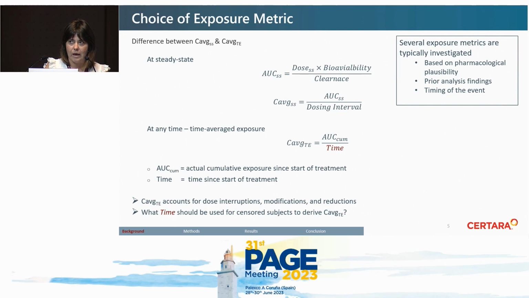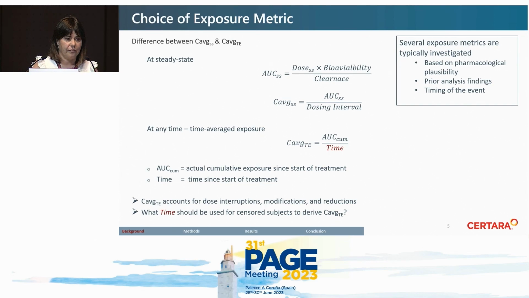On this slide, I want to highlight in particular the difference between time average concentration and average concentration at steady state. And maybe, again, that is not something that's new to this particular audience, but I think it is getting mixed up quite often and commonly. So for clarification, I wanted to highlight that. So we start with average concentration at steady state.